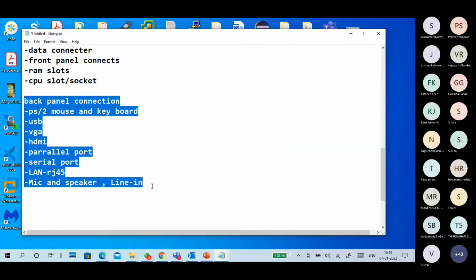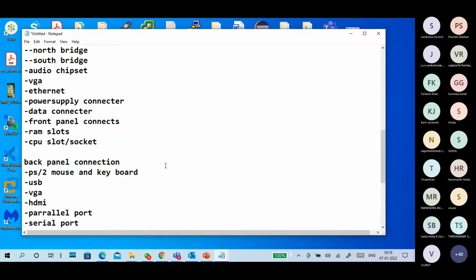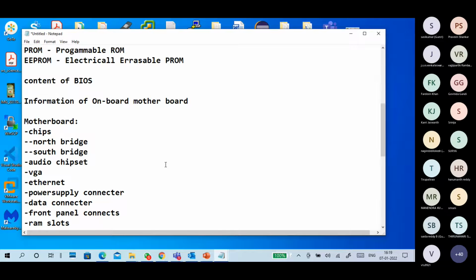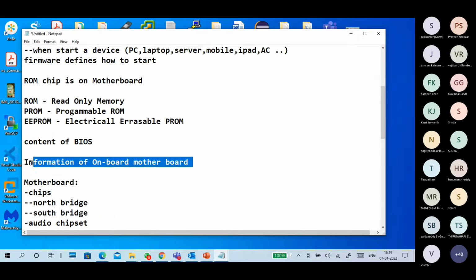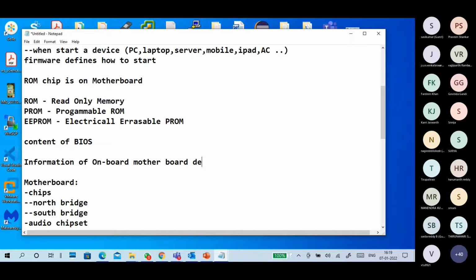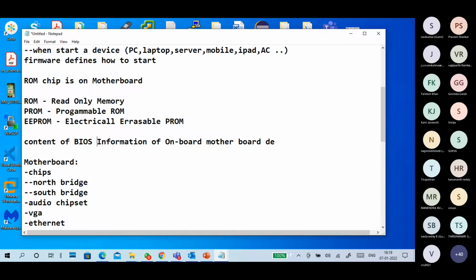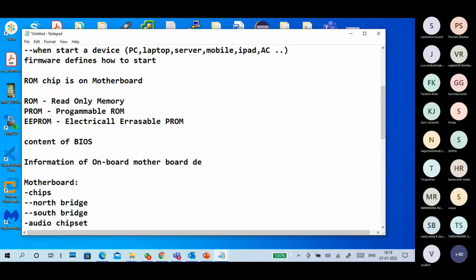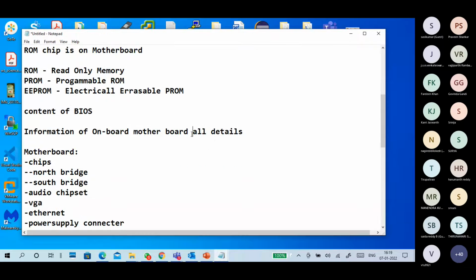All motherboard details are stored in your BIOS chip. Okay, information of onboard motherboard details. All details are stored in your BIOS.